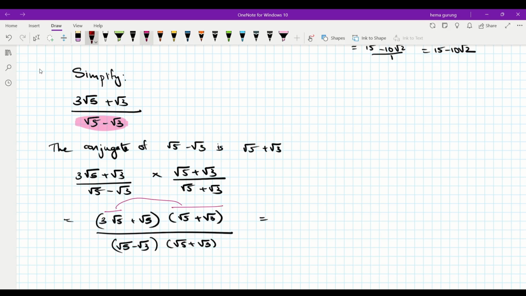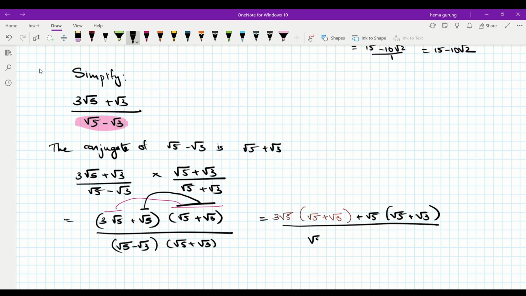So it will be written as 3 root 5 multiplied by root 5 plus root 3, and then the plus sign, and root 3 with root 5 plus root 3, divided by a square minus b square.